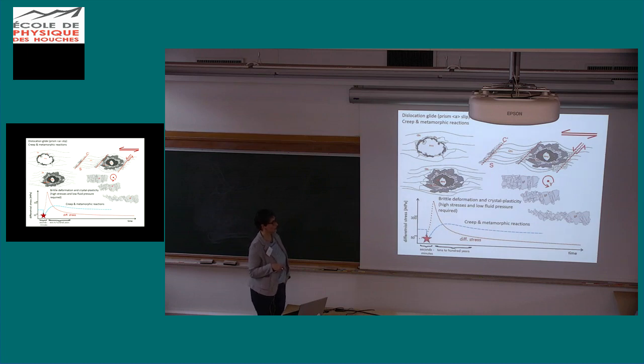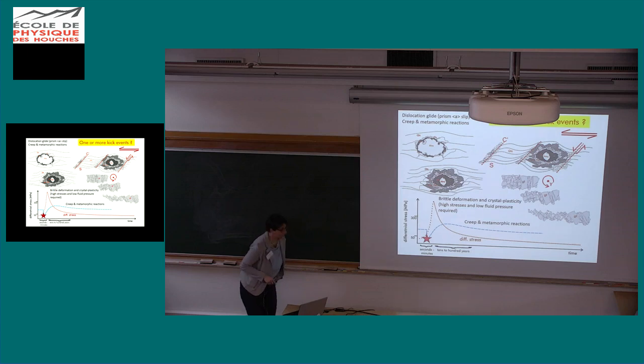So we see brittle deformation also in garnet, in the coronas, in the quartz, so the whole rock probably fractured and healed. Yeah? So we have the kick, fracturing, dislocation glide controlled deformation, then creep and metamorphic reactions going on.